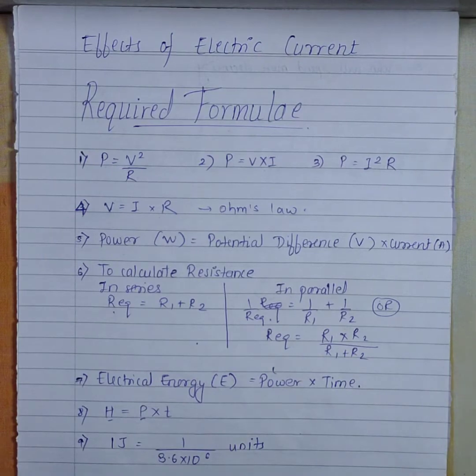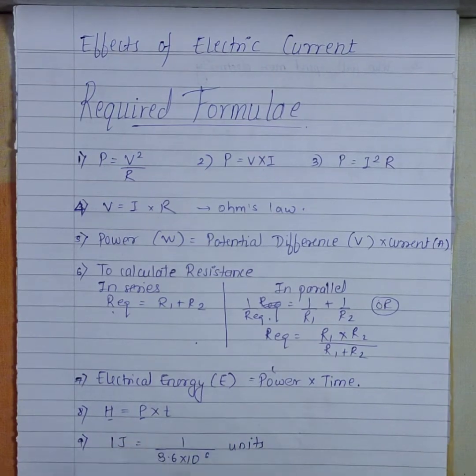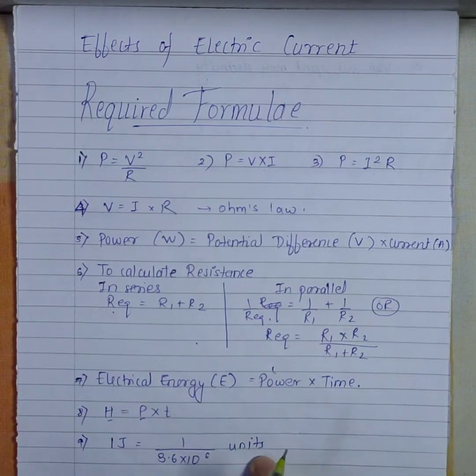Also, you need to remember this particular conversion, that is very much important, because whenever you calculate the energy consumed in your house, it is given in units, and when we calculate the electrical energy, it is always in joules.